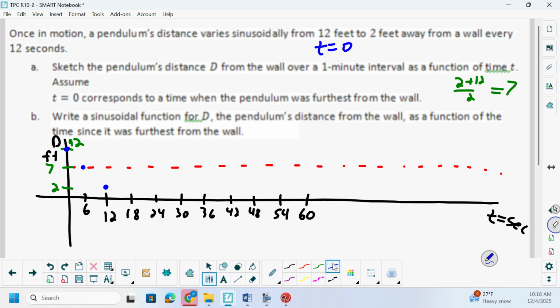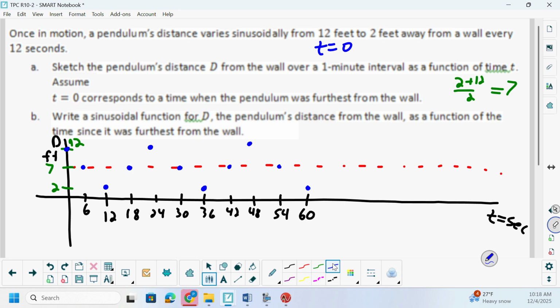So when plotting, we've gone maximum, wrap line, minimum. So next we should go back to the wrap line. Then we're up to the maximum, back to the wrap line, back to the minimum. Back to the wrap line, up to the maximum, back to the wrap line, and down to the minimum.